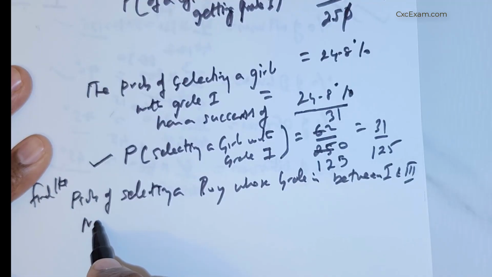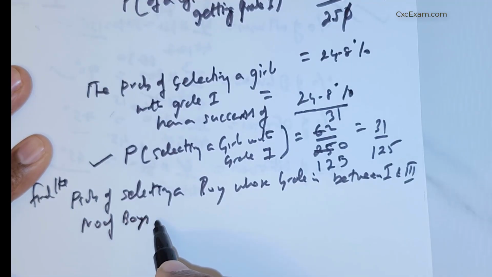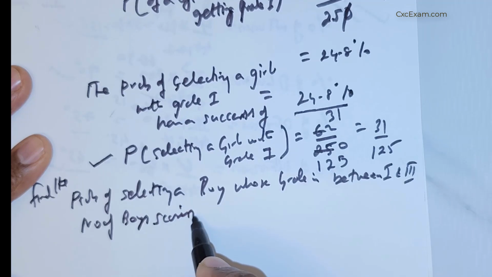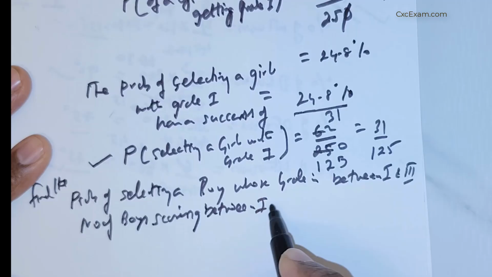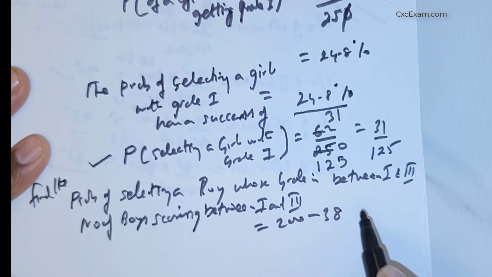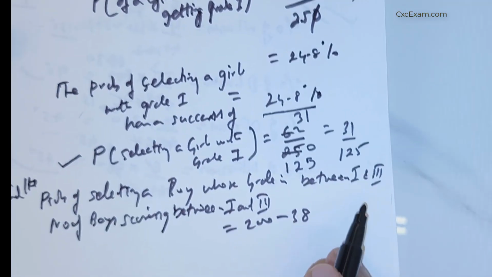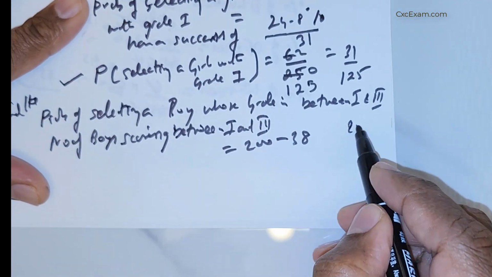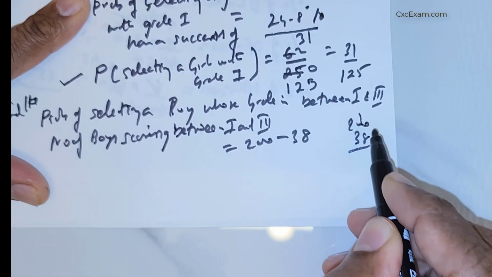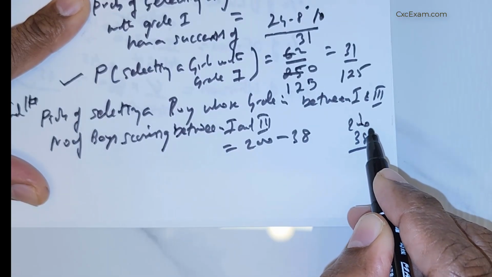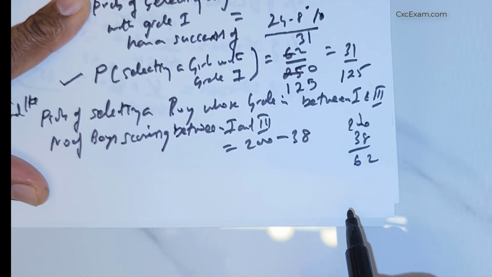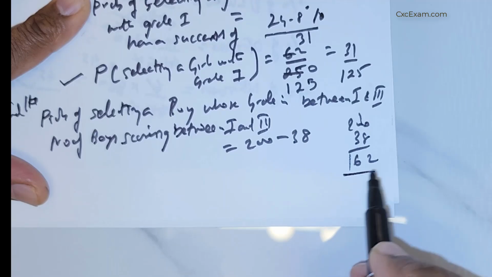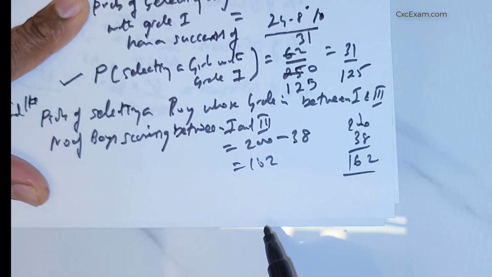So number of boys scoring between 1 and 3 is equal to total number of students, 200. From 200 you take away 38. So what do you get from 200? You take away 38. So 10, 2, and this is 9. From 9 you take away 3, you get 6, and the value is 162.